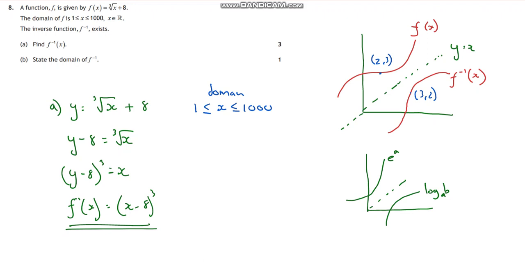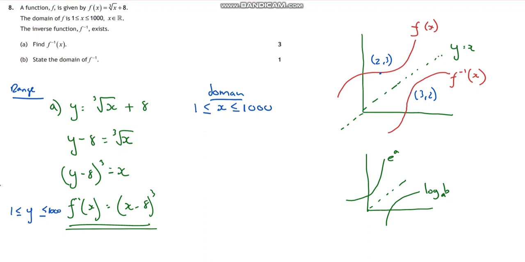So the range would be like this state of y's, wouldn't it? Now, if we are doing the inverse, the range and the domain then flip about. So for this one, this would be the new range. It'd be 1 less than or equal to y and 1,000.